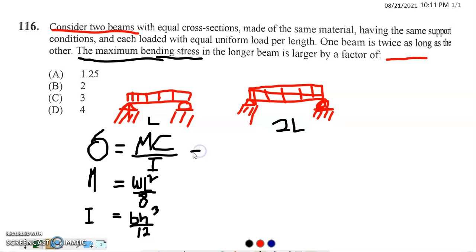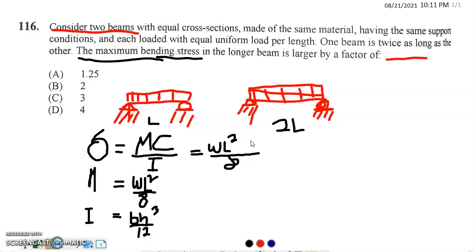So M first: W L squared over 8, times C. For a rectangle, that's H over 2, if I'm not mistaken.